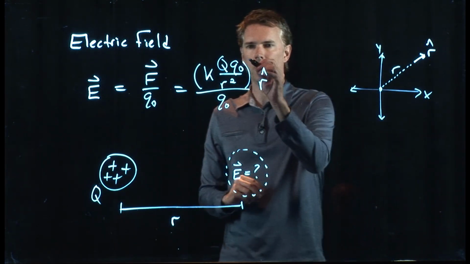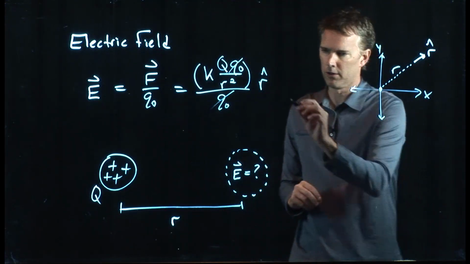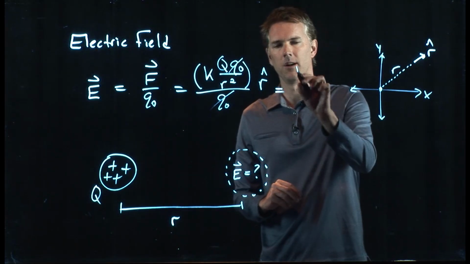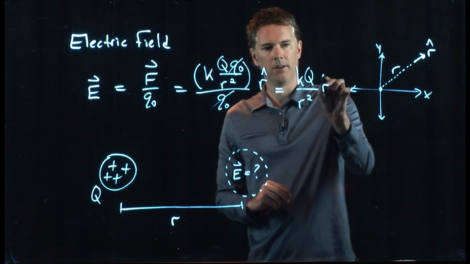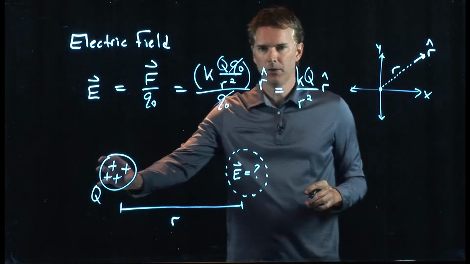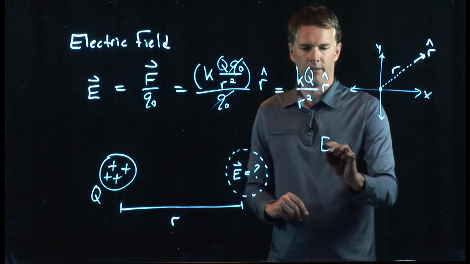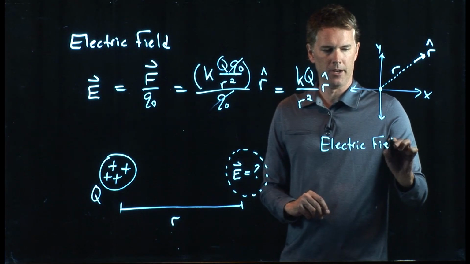Okay, we can cross out the Q naughts right away. And so this whole thing simplifies to the following: KQ over r squared r hat. And this is the electric field of a point charge. And this is a good thing to just burn into your memory.